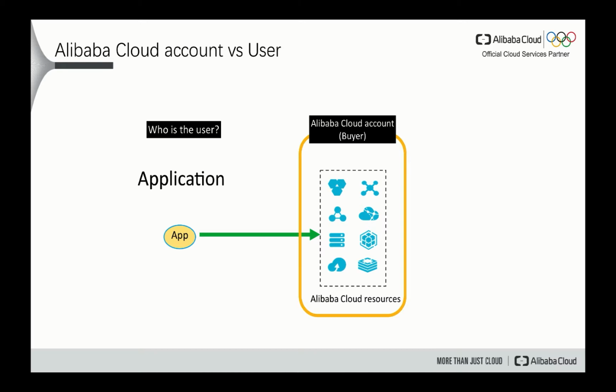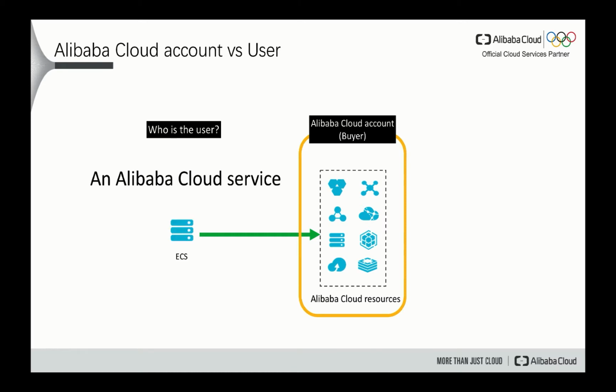Some applications, like a mobile application or some web client, want to temporarily call some of your cloud resources to get some information or write some information. So the application becomes another kind of cloud resource user.